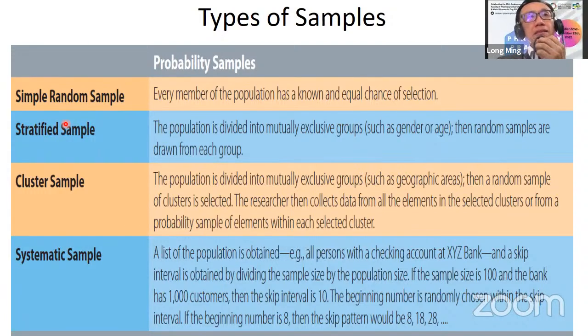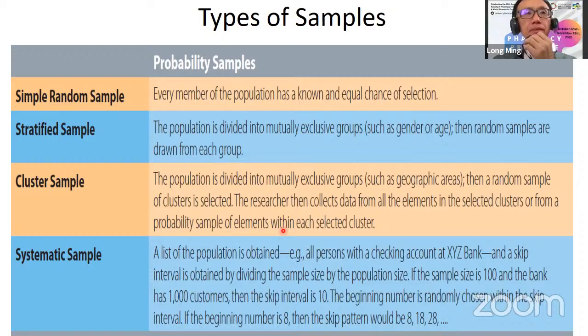In cluster sampling, it is the same thing: from the different clusters, you again use simple random sampling methods to select from the smaller groups.